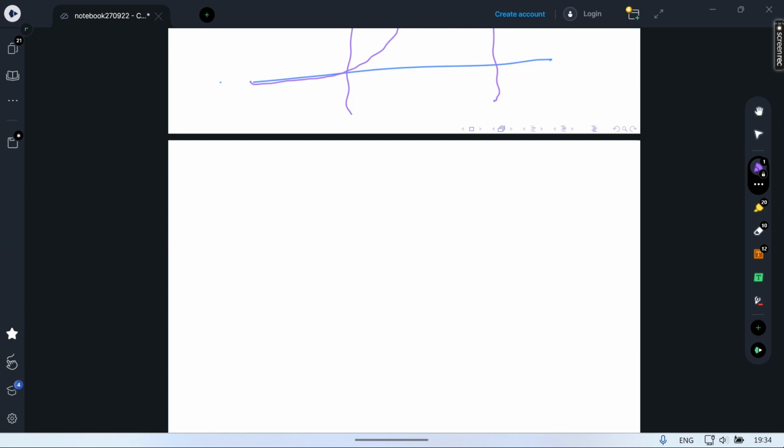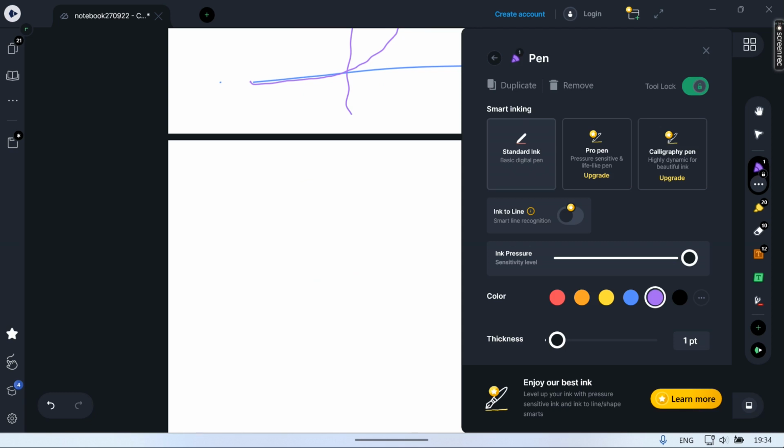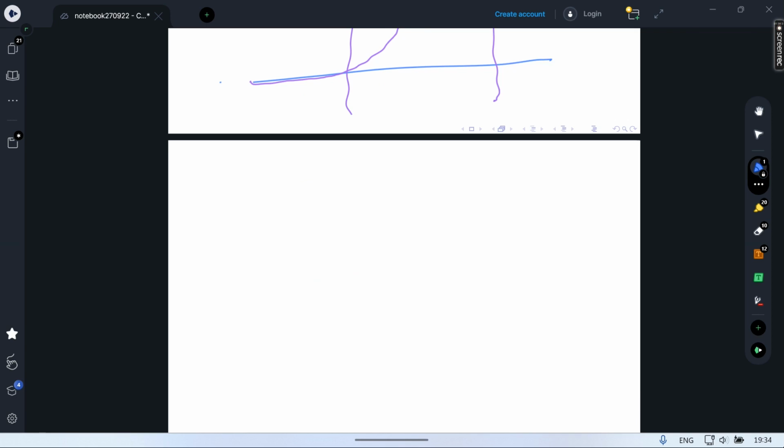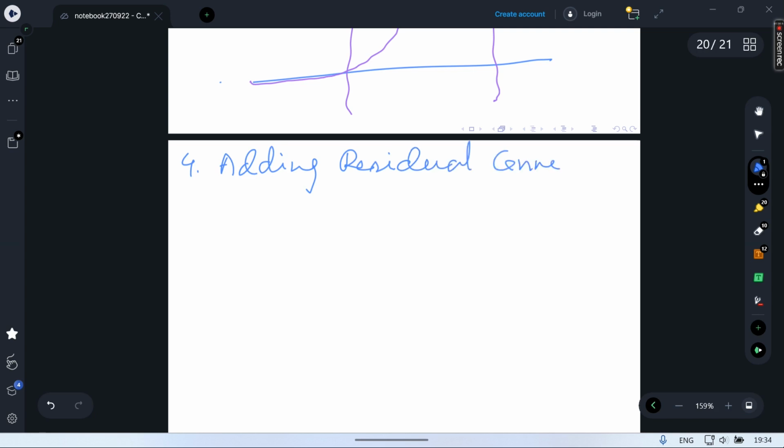And the last point I want to mention is that the use of residual connections, or ResNet-like models, is also useful to deal with vanishing gradients. Adding residual connection, the ResNet model.